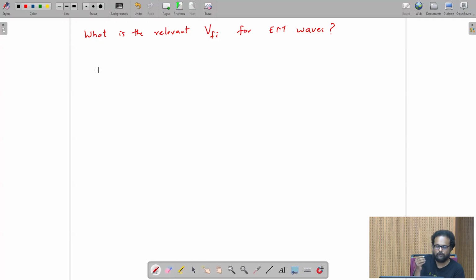Remember, we are trying to look at the classical Hamiltonian for a radiation field interacting with a charged particle. So we have a radiation field, an electromagnetic field, and the force will be Q E plus V cross B. You all know this. And I can write down this force in terms of the potential energy of the system.